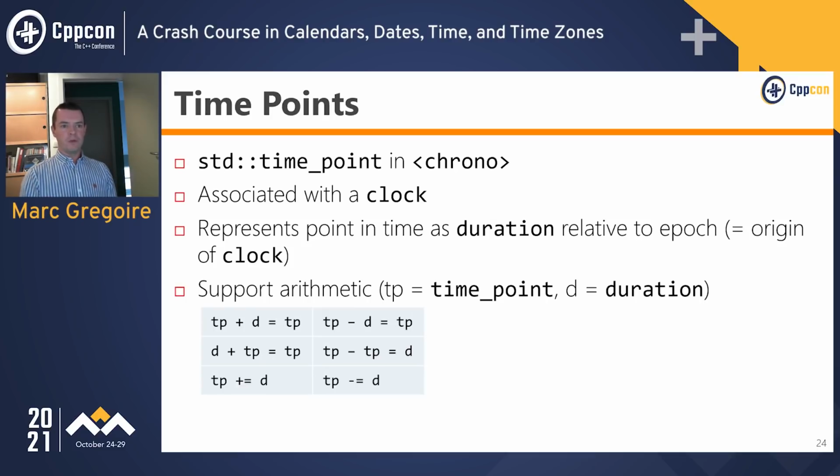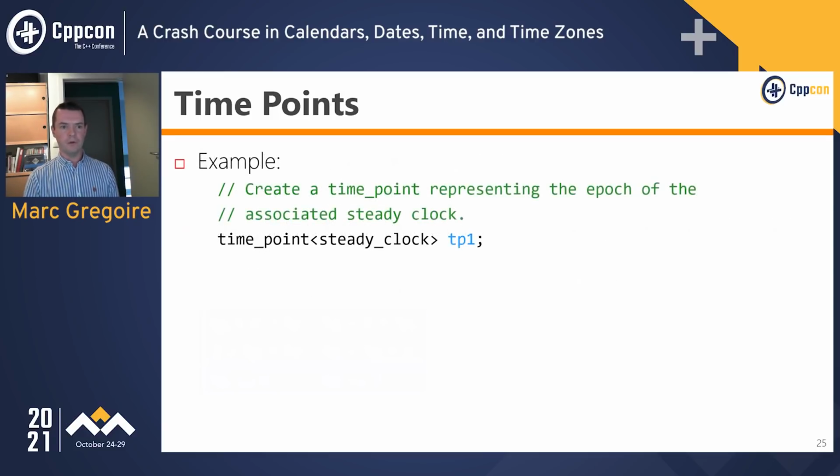Time points also support arithmetic, but only arithmetic that makes sense. In this table, TP is a time point, and D is a duration. I can add a time point and a duration together, or I can subtract a duration from a time point, or subtract a time point from another time point. Those are the arithmetic operations that are supported.